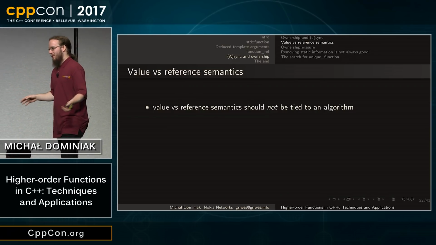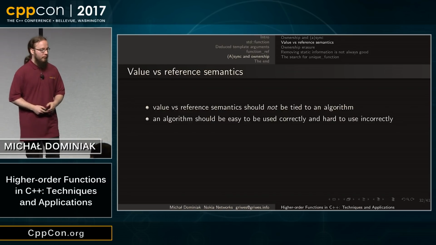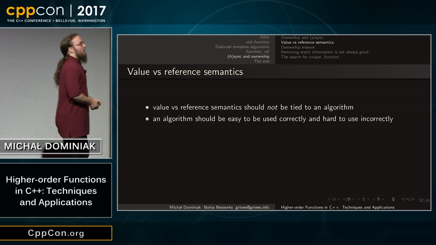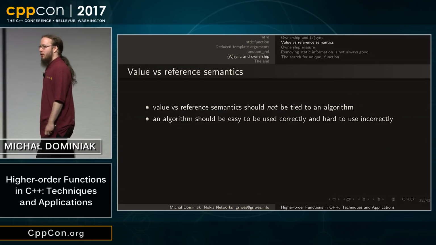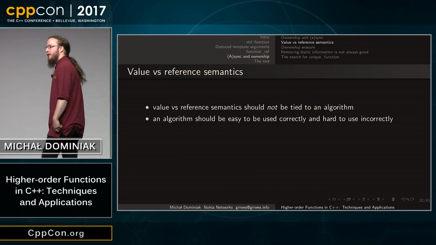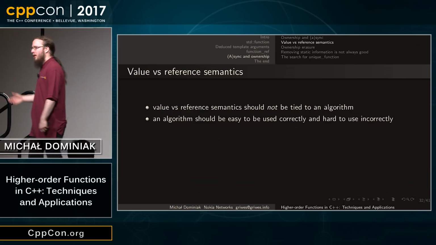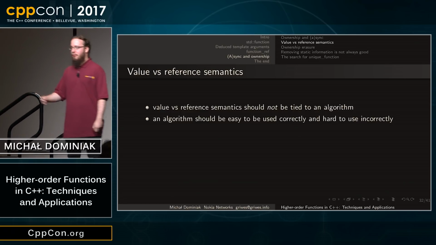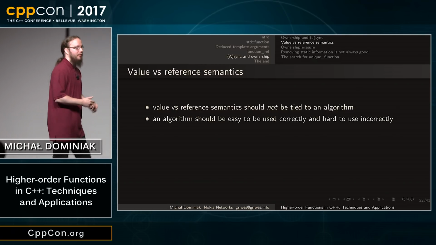But we are mostly talking about functions right now, so let's stay there. Although, of course, an algorithm should be hard to use incorrectly. So the default should be the safe behavior. We should have to explicitly say we want the thing that is potentially unsafe. This is a general guideline, right?